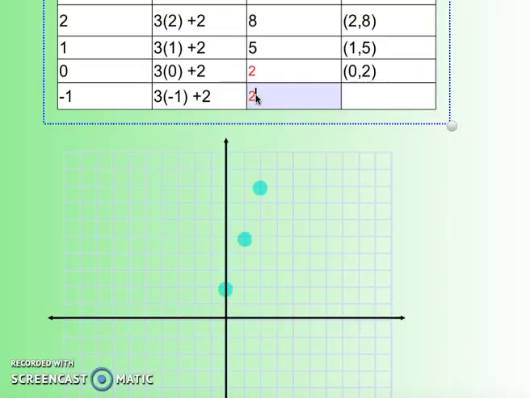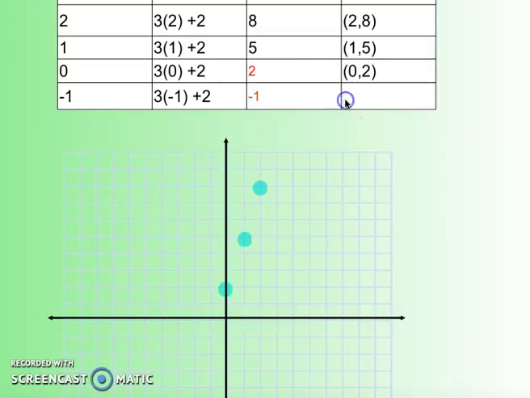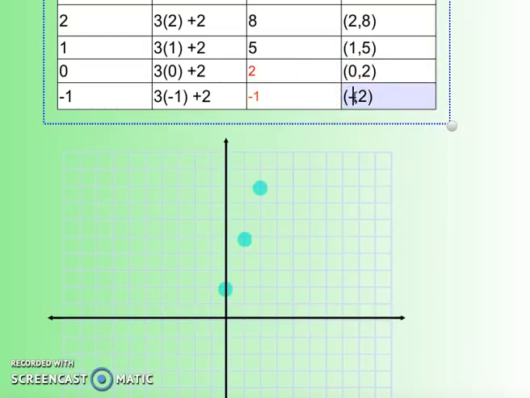Exactly. We are at -1. Nice. So -3 plus 2 is -1. And so our coordinate is -1, -1.